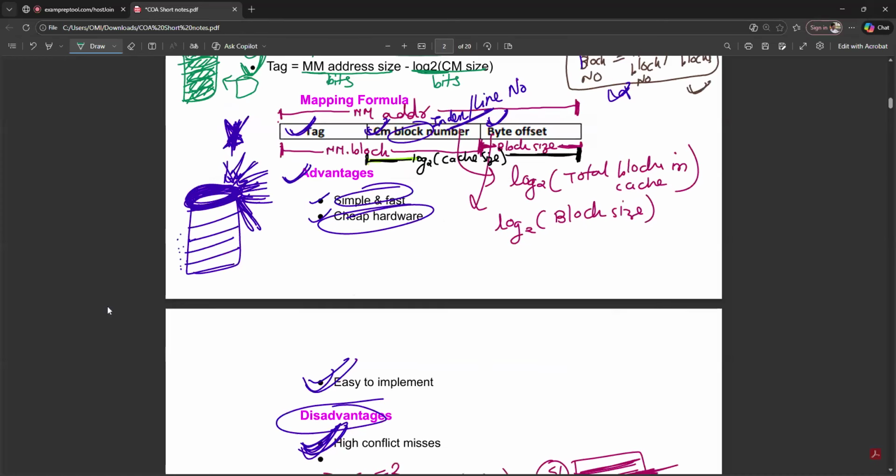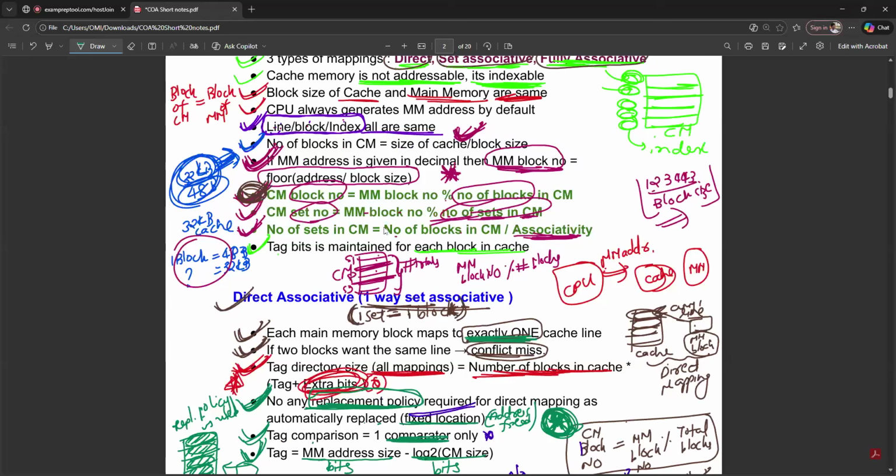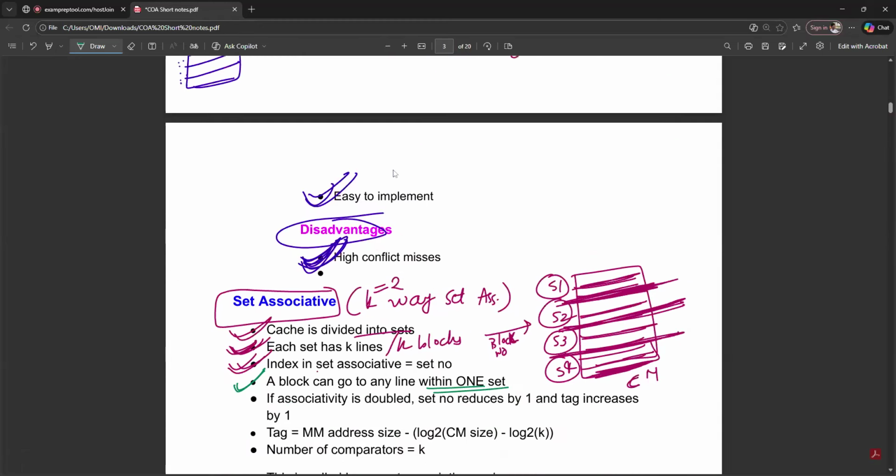I will explain this point. The number of sets equals the number of blocks divided by associativity. What do I mean here? You have to find the total number of sets. Based on the associativity, one set contains k blocks, that is what k-way means.